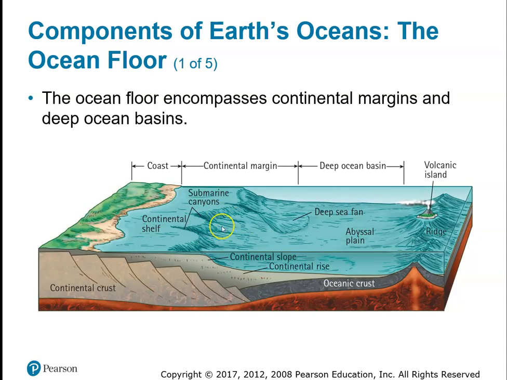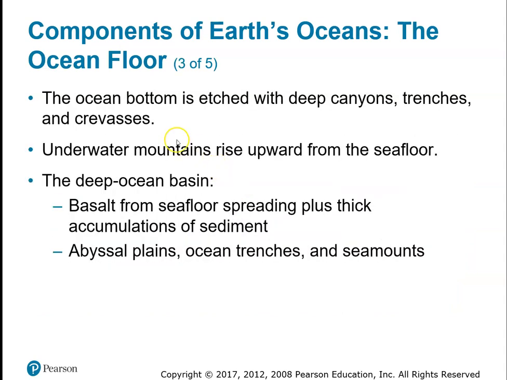Because it's falling down this very steep slope, if some fish dies right along there, it's going to drop down and accumulate here in the continental rise. All right, so then the ocean bottom has these deep canyons, the trenches, crevasses.